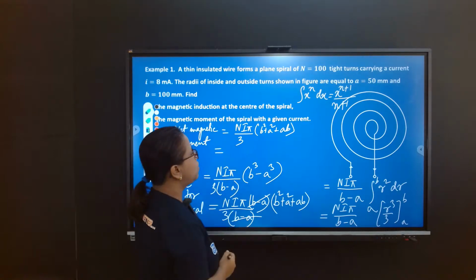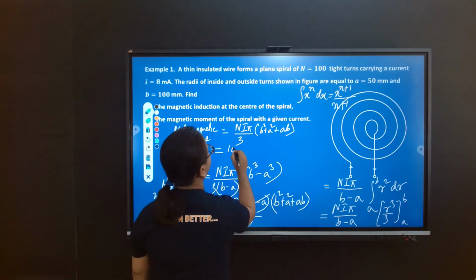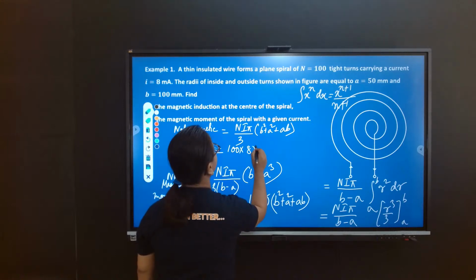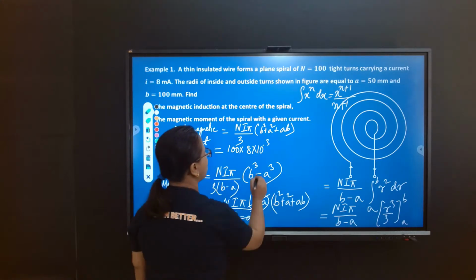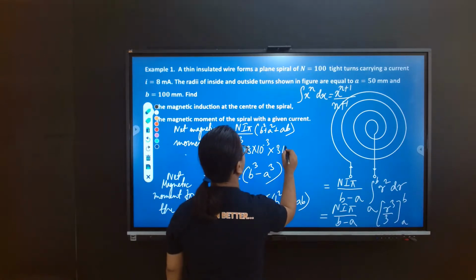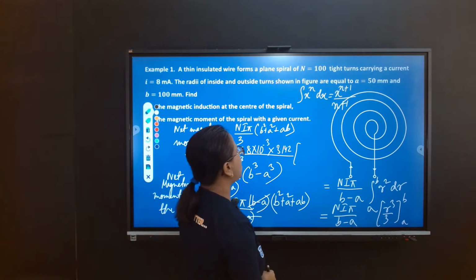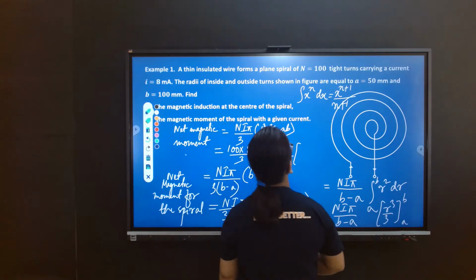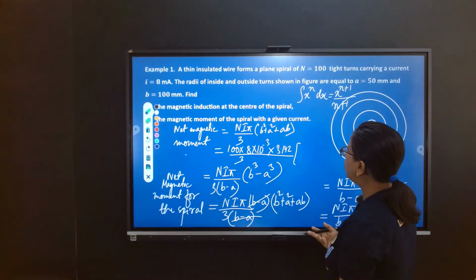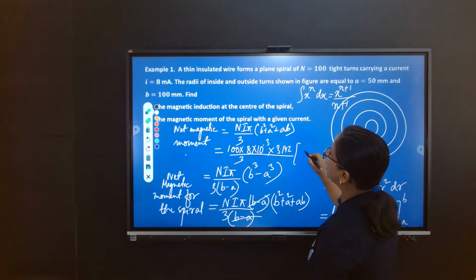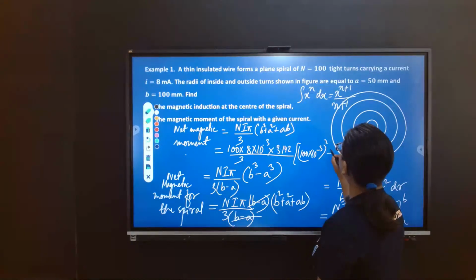So now we need to put in the values. N is 100, I is 8 times 10 to the power minus 3 in SI units. We have pi as 3.142 by 3 times. We need to put the values of A and B. So putting in the SI units, B square, that's 100 times 10 to the power minus 3 whole square of that, plus A square, which is 50 times 10 to the power minus 3, again whole square of that, plus AB.